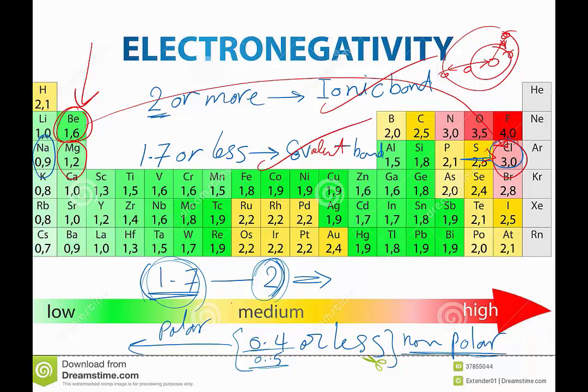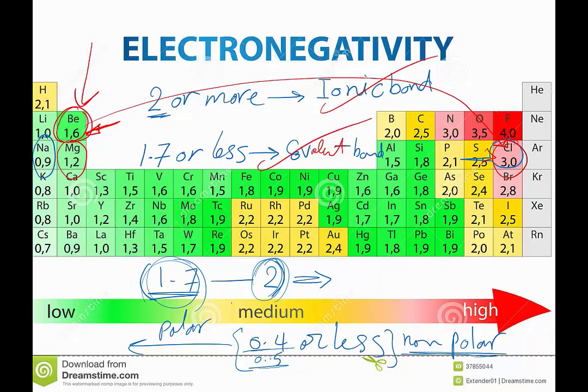So it will not lose any of the electrons. That's why it can only share electrons. So although it's a metal, it shares electrons. Okay, guys? So the beryllium is considered one of the metals that makes covalent bonds, not ionic bonds.